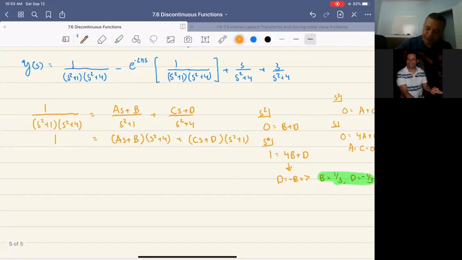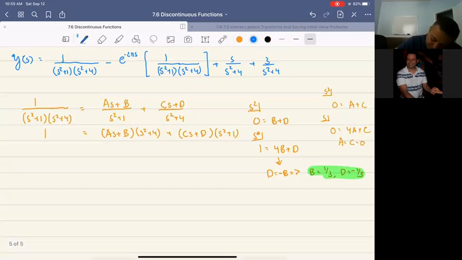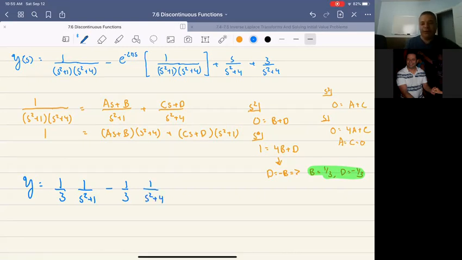So now our y of s equals, b is 1/3, so we get 1/3 times 1 over s squared plus 1, minus 1/3 times 1 over s squared plus 4, minus e to the negative 2 pi s, and it's the same thing.